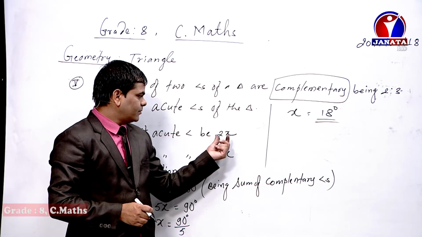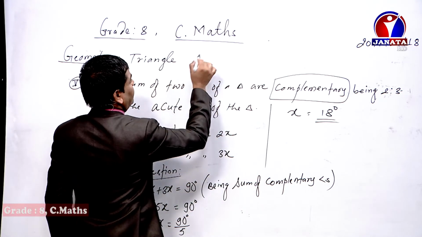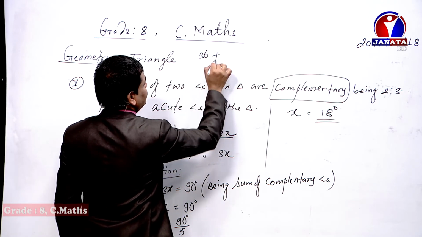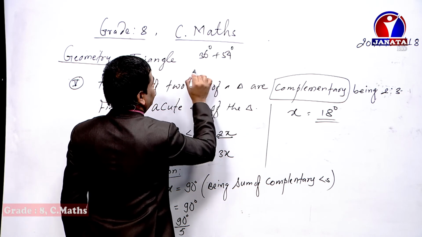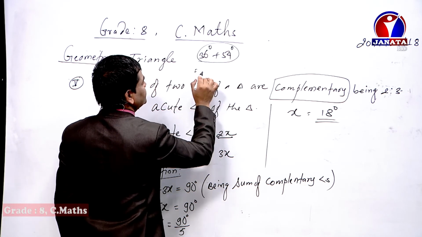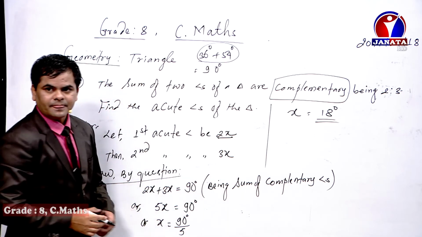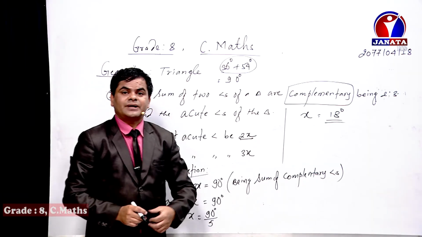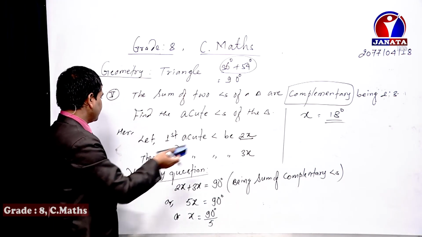One angle came as 36 degree, 2 18s are 36. Another came as 3 18s are 54 degree. All together their sum becomes 90 degree, isn't it? When we add these two angles, exactly these two angles are found as complementary to each other.